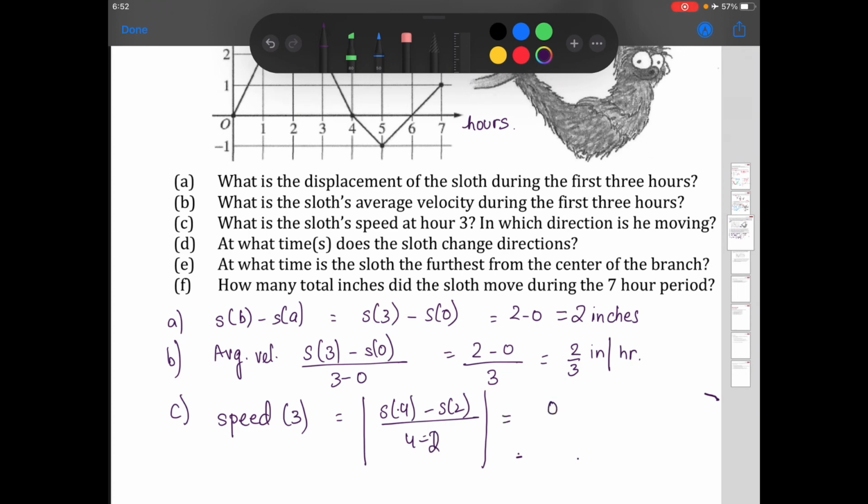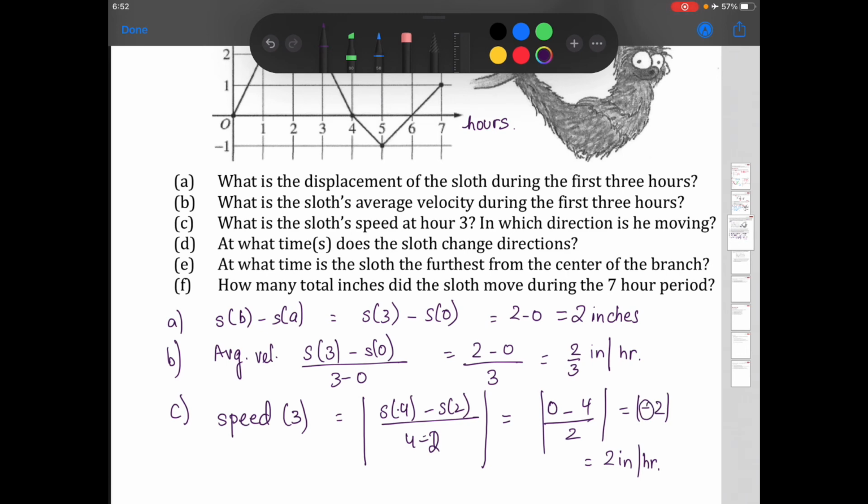So it's going to be S of 4 is 0 minus S of 2 is 4 over 2, which is just negative 2. Speed can't be negative, so that's why we do the absolute value. So it's going to be 2 inches per hour.